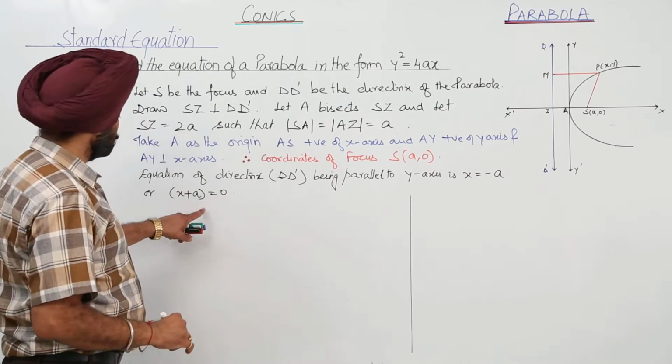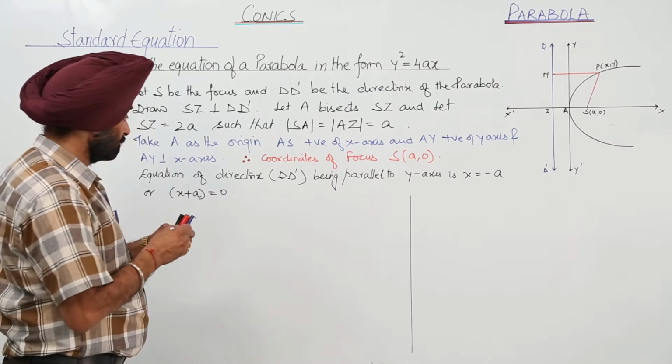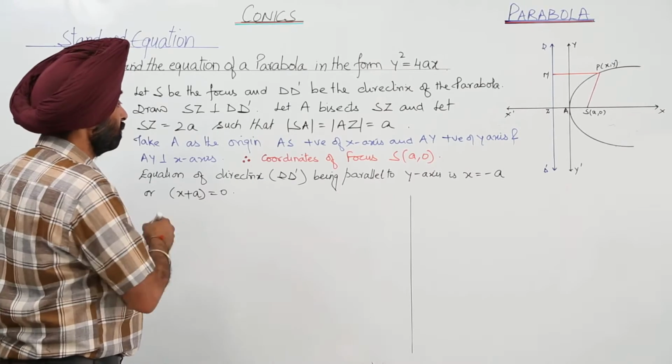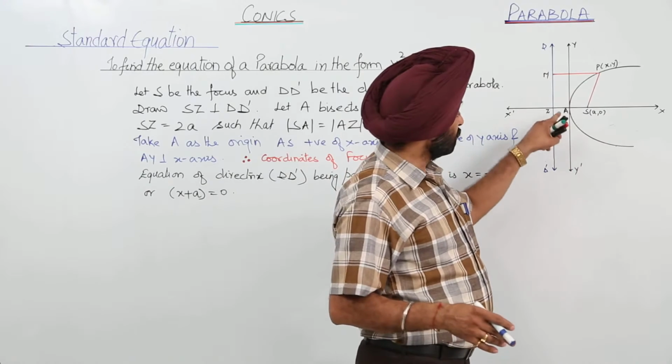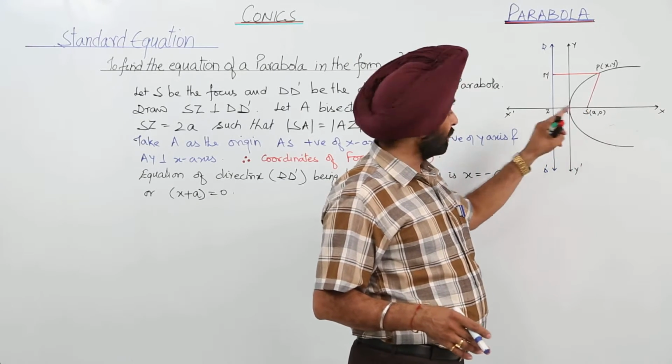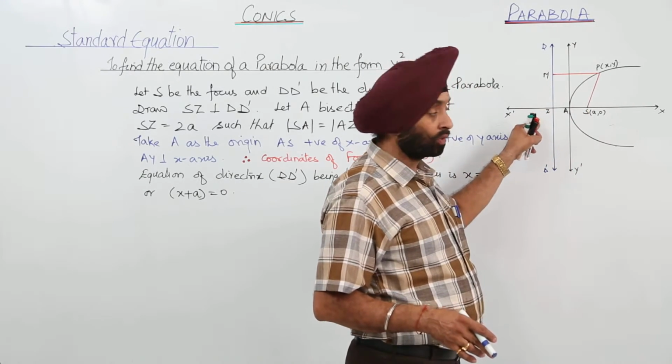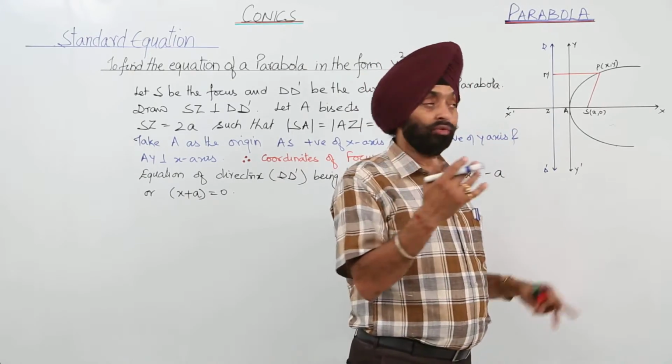This is the equation of the directrix. According to the figure, we have got the equation of the directrix, the point A, the coordinates of the point S, and the point Z. So now we are left with the point P.